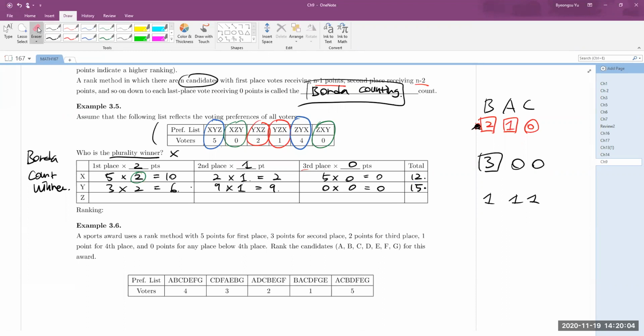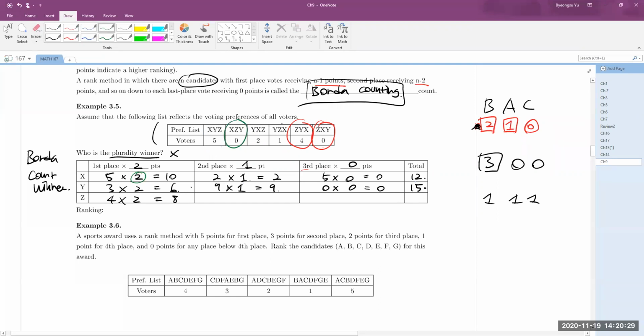Okay, then you can do the same thing for G. The last 2 preference lists show that G is the first choice, and 4 persons vote for those lists, so G got 8 points from the first place.